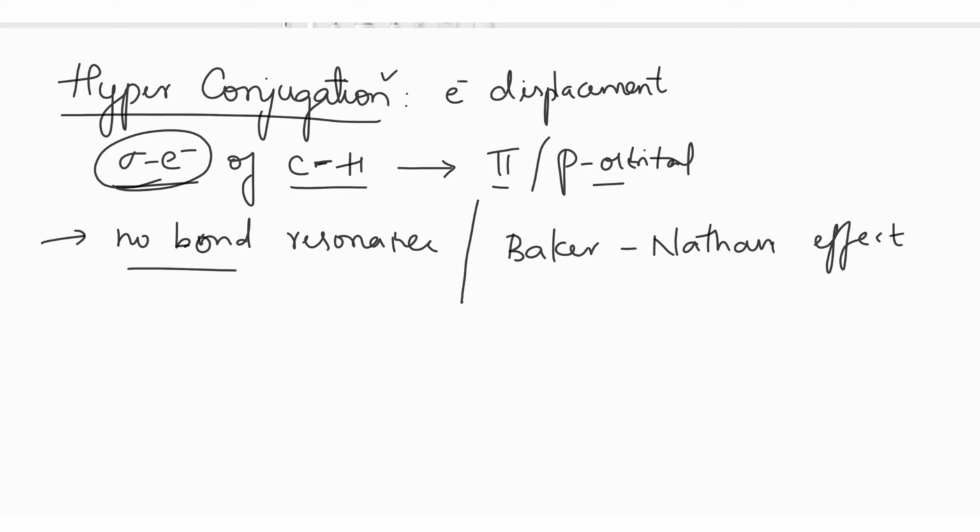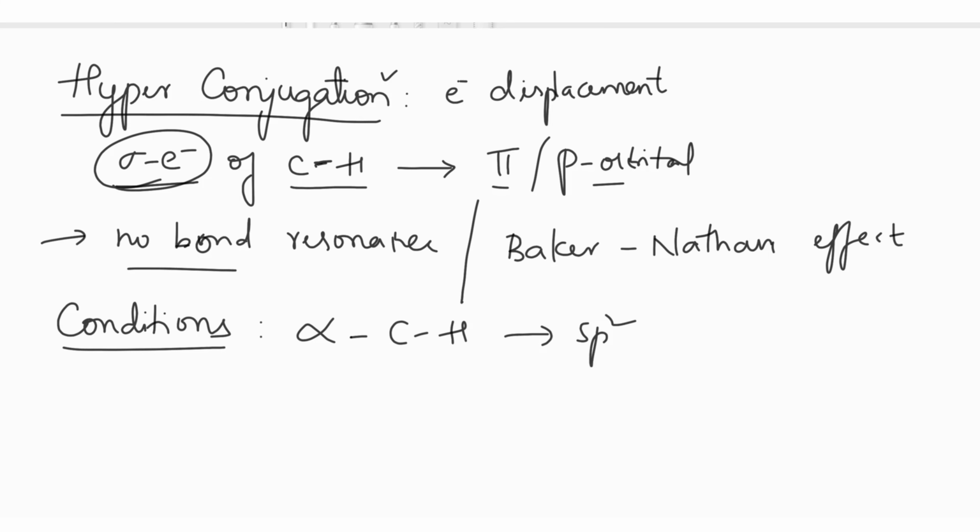Now, what are the conditions that we have for hyperconjugation to occur? The main and foremost condition is that it should have an alpha carbon and alpha C-H bond adjacent to either an sp2 carbon or any other atoms like nitrogen or oxygen.